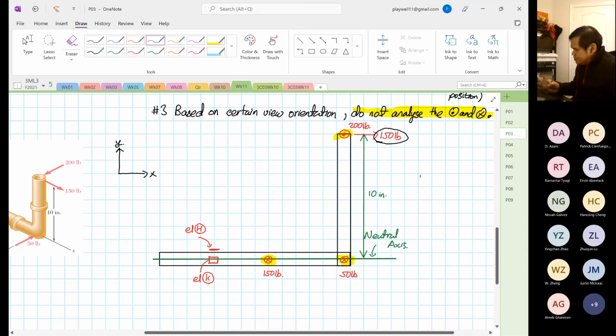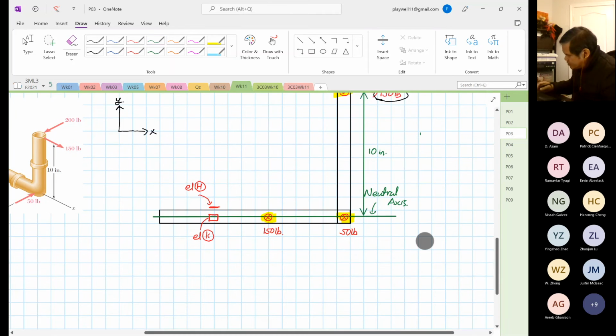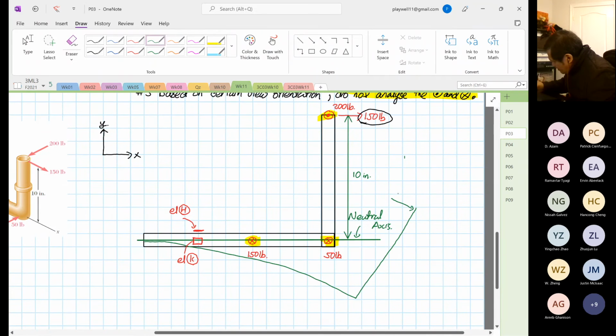And then you have to see if you have that component over there with the 10 inches, how will the structure deform? So we are going to sketch the structure deformation. So the structure will deform this way. So this is the 150 pounds.